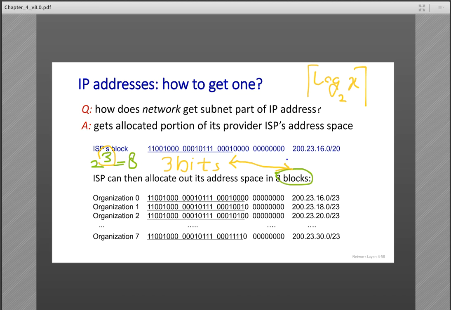Okay, then I'm saying I need X different blocks of IP addresses. So you need to solve this equation: log of X in base 2, and just find the ceiling of it.